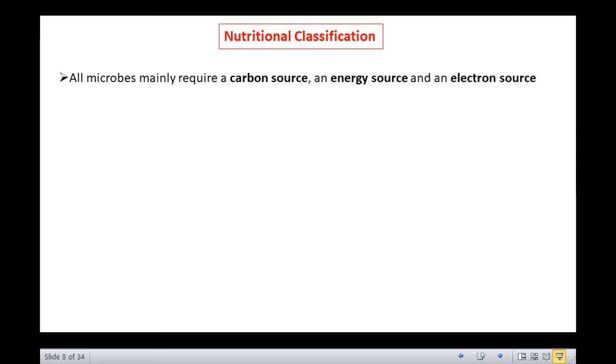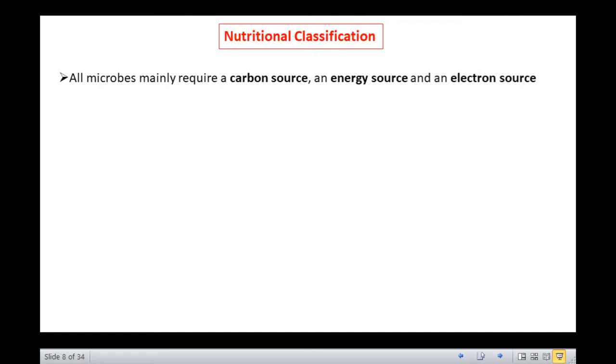Thus, all microbes mainly require a carbon source, an energy source and an electron source for their proper growth and survival. On the basis of how they obtain these, they are divided into different categories or classes.